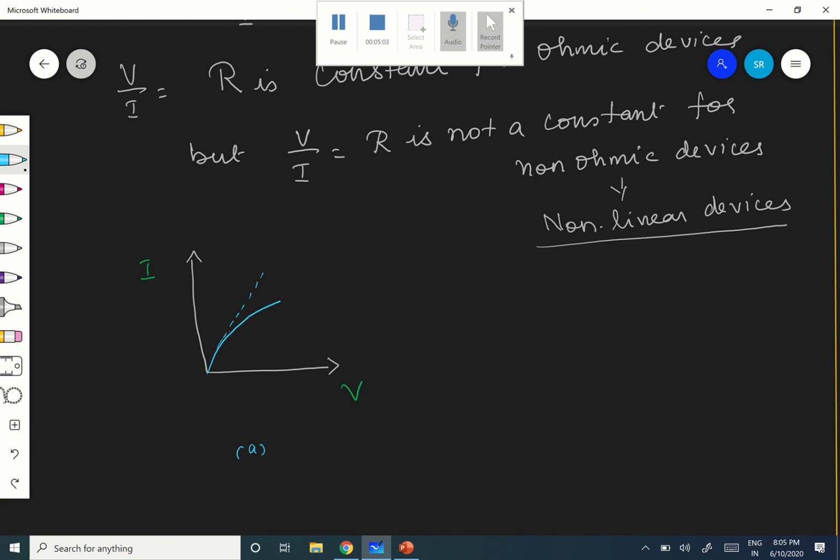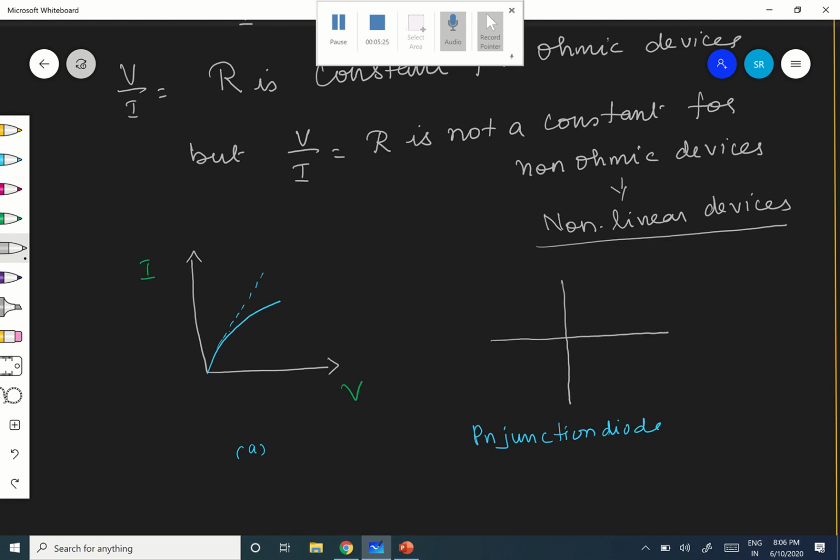Then the next one is the PN junction diode, which is a semiconductor device. If I plot a graph between V and I here, V will take negative values also.